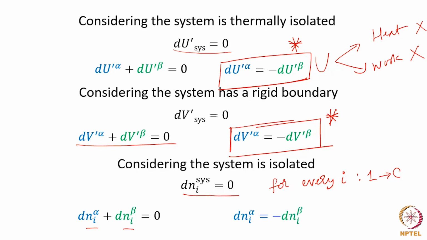So we now have a set of relationships saying that the change in the number of moles of species i in alpha is equal to minus the change in the number of moles of species i in beta. How many relationships are these? These are C relationships, because for each i the same relation holds, and these relationships will help us eliminate one of the two quantities listed in this equation.